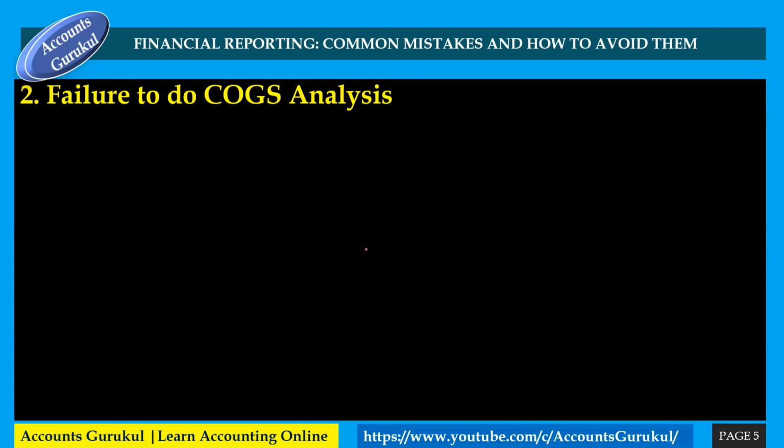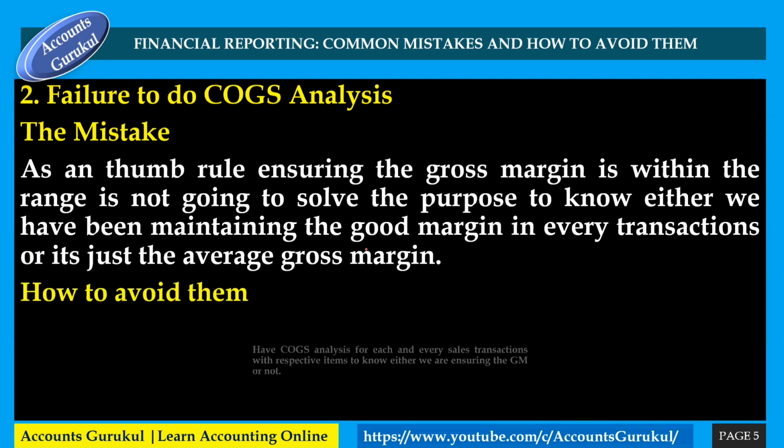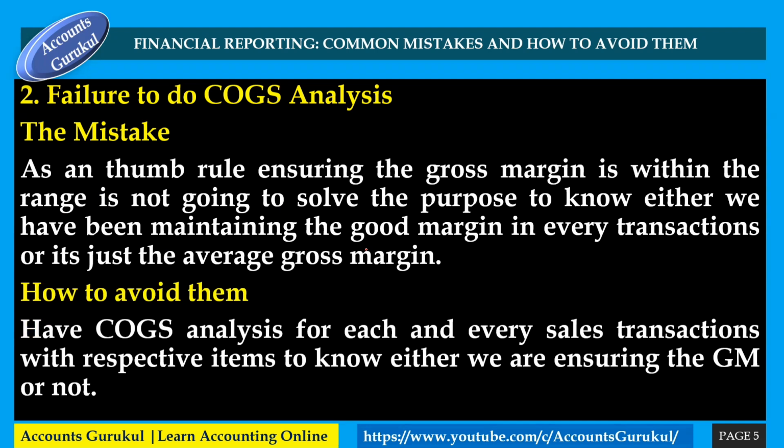So failure to do COGS analysis. As a thumb rule, ensuring the gross margin is within the range is not going to serve the purpose. To know whether we have been maintaining a good margin in every transaction or it's just the average gross margin, how are you going to avoid that?